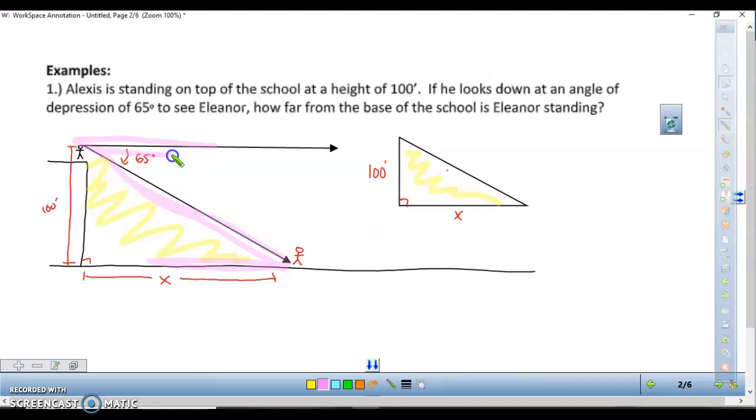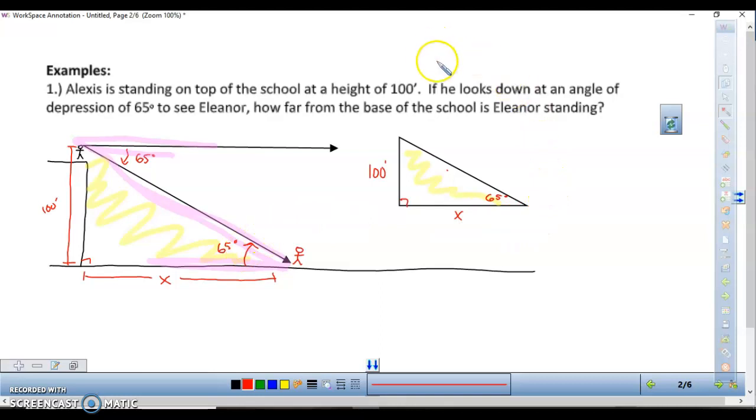And you guys learned in geometry class that alternate interior angles are congruent. So if the angle of depression to look down to see Eleanor is 65 degrees, then the angle of elevation you would look up to see Alexis would also be 65 degrees. So I'm going to put a little 65 degrees in here. One thing to note is that an angle of depression will always equal the corresponding angle of elevation.